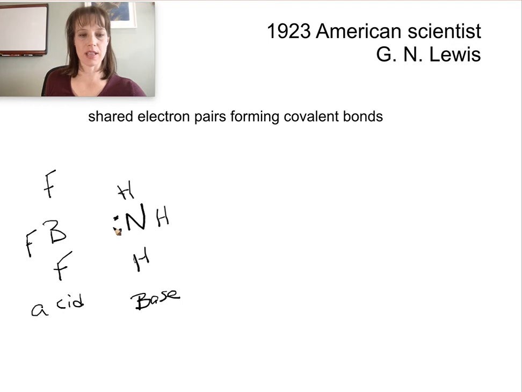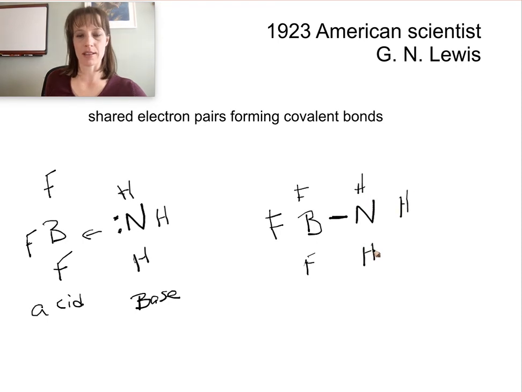It's going to accept these electrons, and then we end up with the covalent bond between the two molecules here, and that's where the electron transfer happened, making these a Lewis acid-base pair.